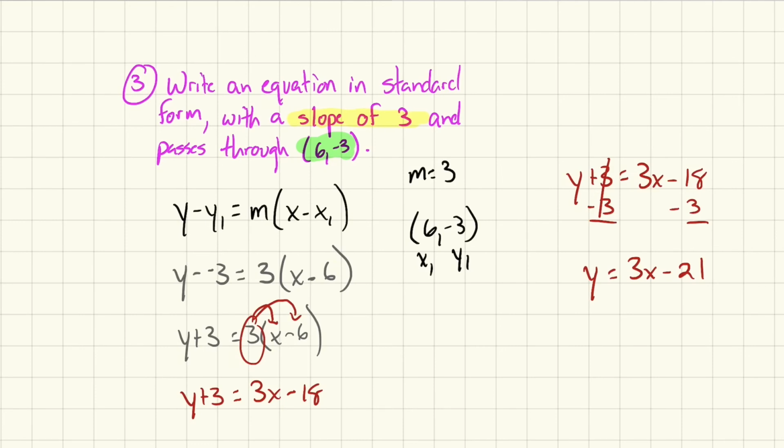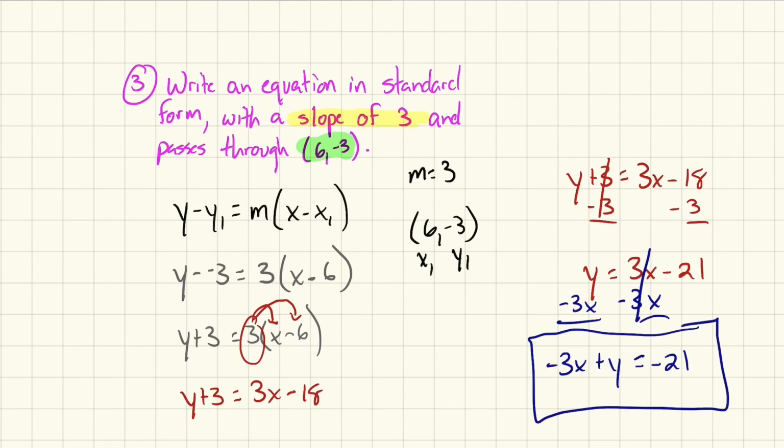So to get x and y on the same side, all I have to do is move the 3x over by using opposite operations. Cancels on the right. I end up with negative 3x plus y equals negative 21. And now you have that in standard form.